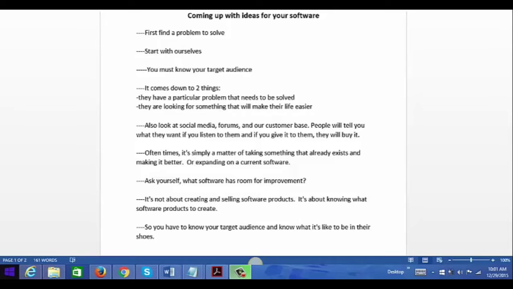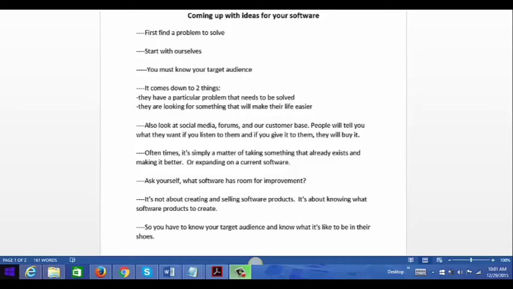You must also know your target audience that you plan to sell your software to. So basically, it comes down to two things. One, consumers have a particular problem that needs to be solved, and two, they are looking for something that will make their life easier.